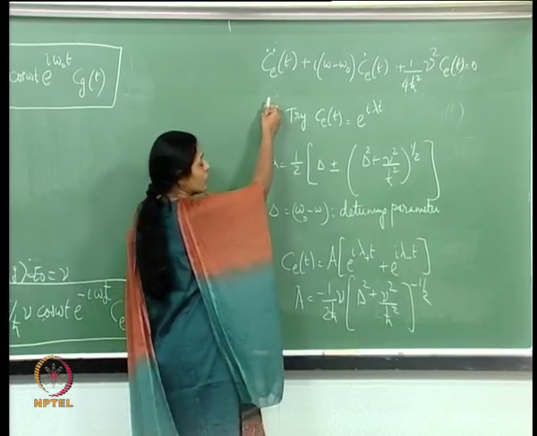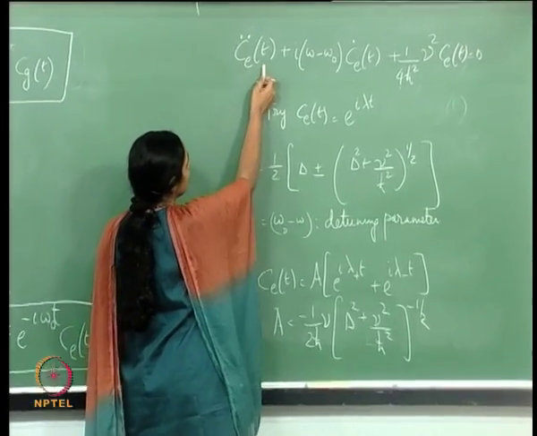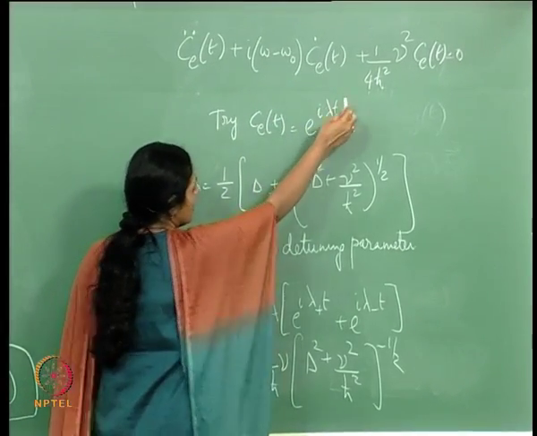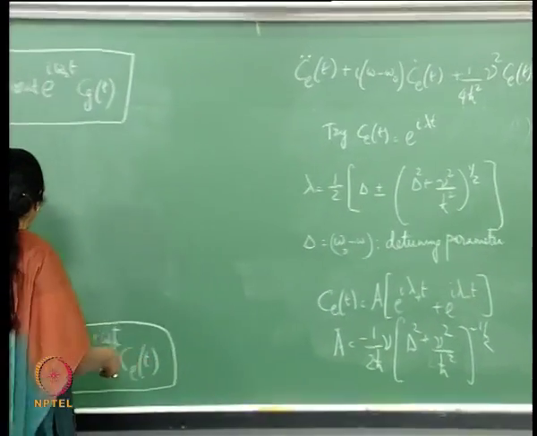So, here is the second order differential equation that I have for Ce. I have Ce double dot of t plus i omega minus omega naught Ce dot of t plus 1 by 4 h cross squared nu squared Ce of t is 0.